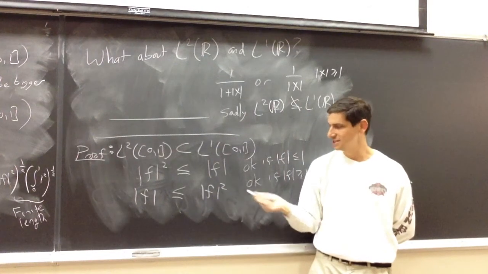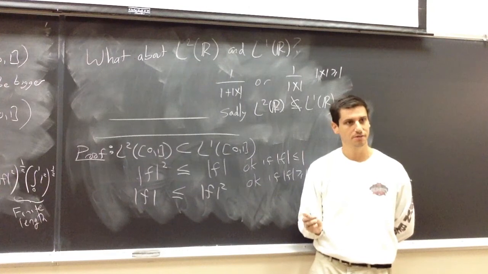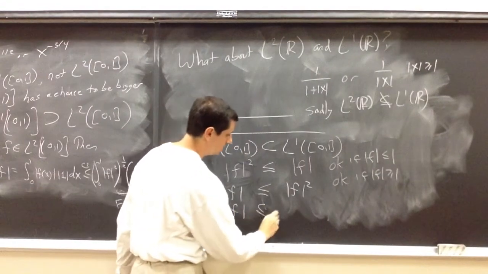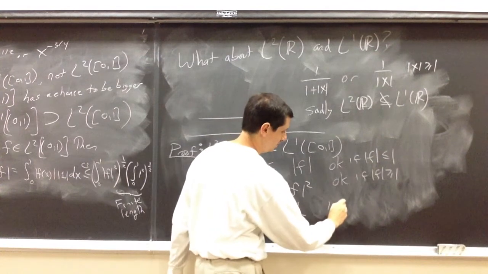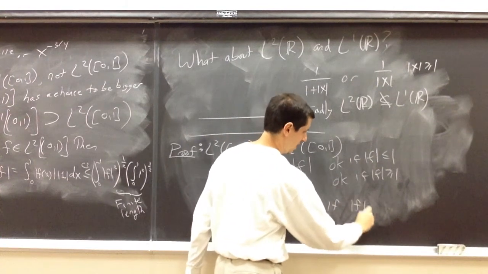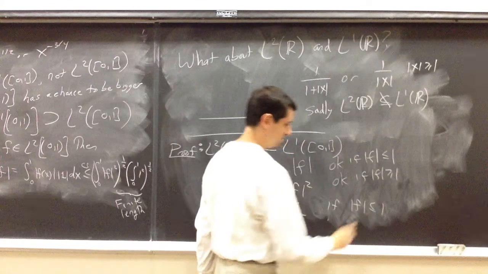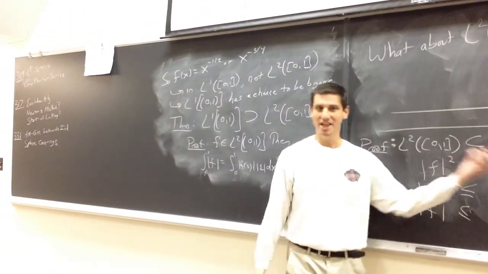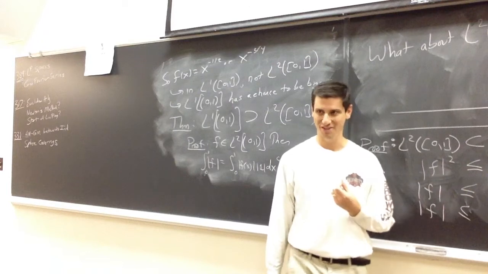What do I need to add to this side? So the absolute value of f is less than or equal to 1 if the absolute value of f is less than or equal to 1.